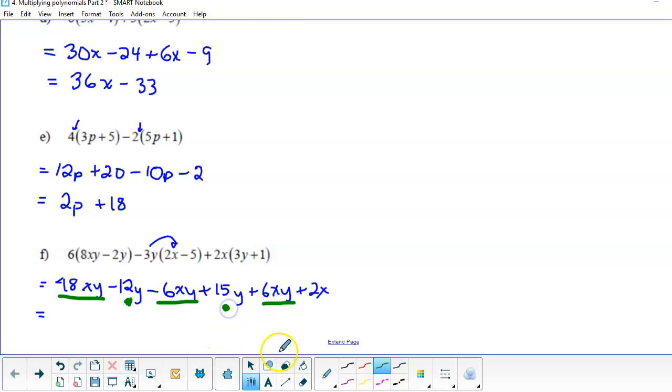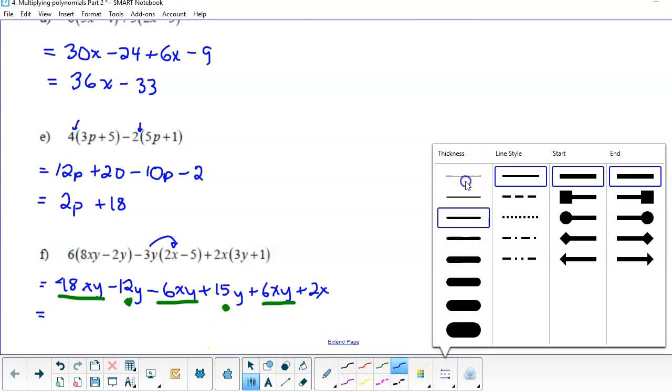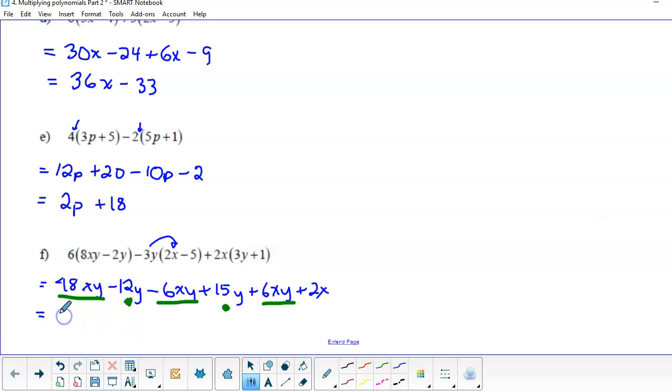That's right, a y term and a y term, and then just an x term. So I'll go back to my blue. So 48 minus 6 plus 6. Well, minus 6 and plus 6 negate each other. So really, we're at 48xy. And then negative 12y plus 15y is positive 3y. Okay, and then plus 2x.